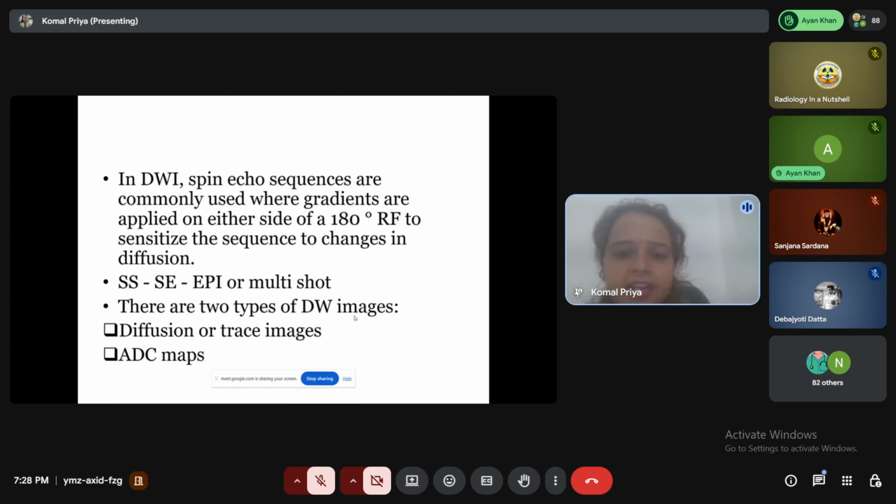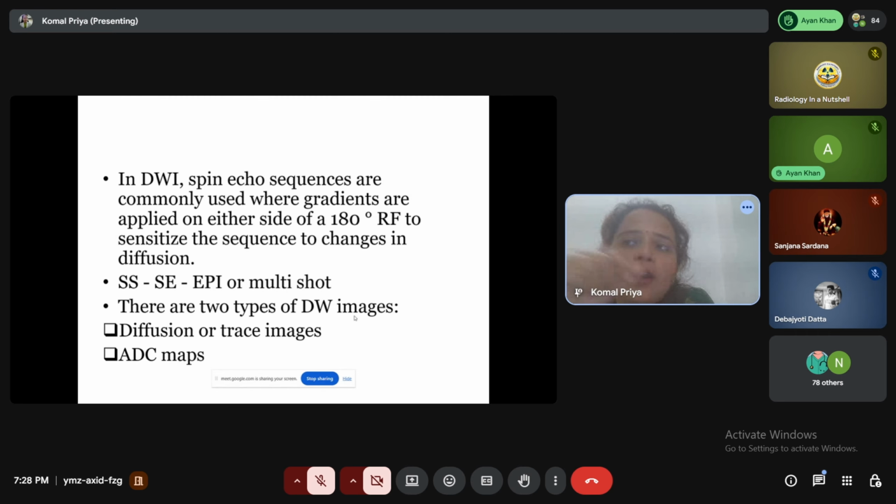We have seen that areas with restricted diffusion have low ADC because of the restricted molecules, and areas where molecules are freely diffusing have higher ADC. In trace or diffusion images, damaged tissue that has restricted diffusion, where ADC will be lower, will appear brighter than the normal tissue.